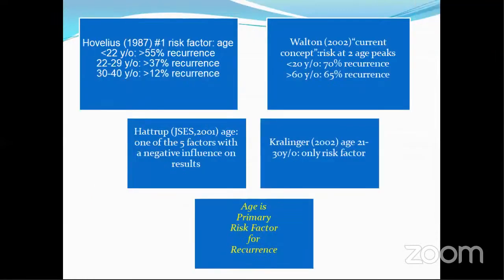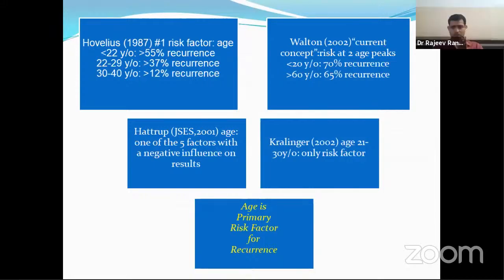So that was about shoulder instability. The commonest matter of debate is whether to operate on the first-time dislocator or not, which is still a debatable issue, and most of the studies nowadays are in favor of operating on the first-time dislocator if the injury is significant or the age of the patient is lower.